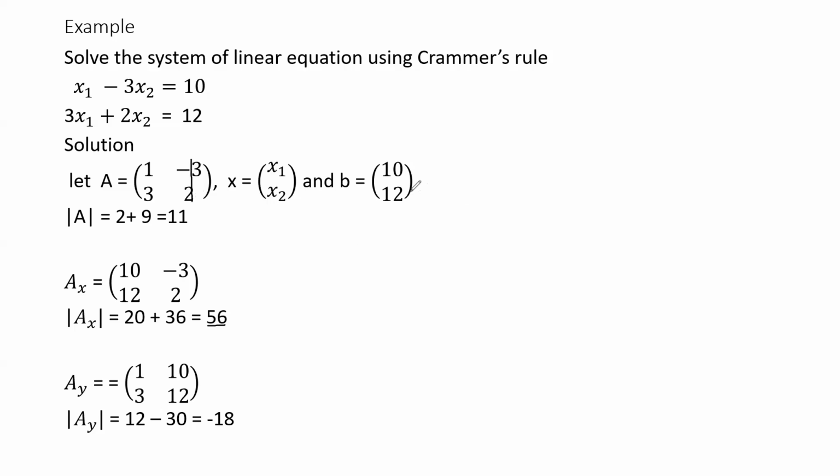Are you okay? It's 10, 12. And that one now will also give us 1, 3, 10, 12. Are you okay? So you find the determinant of this. Multiply 1 by 12, you get 12, minus 10 times 3, you get 30. You have 12 minus 30, you get minus 18. We are going to the 3 determinants.